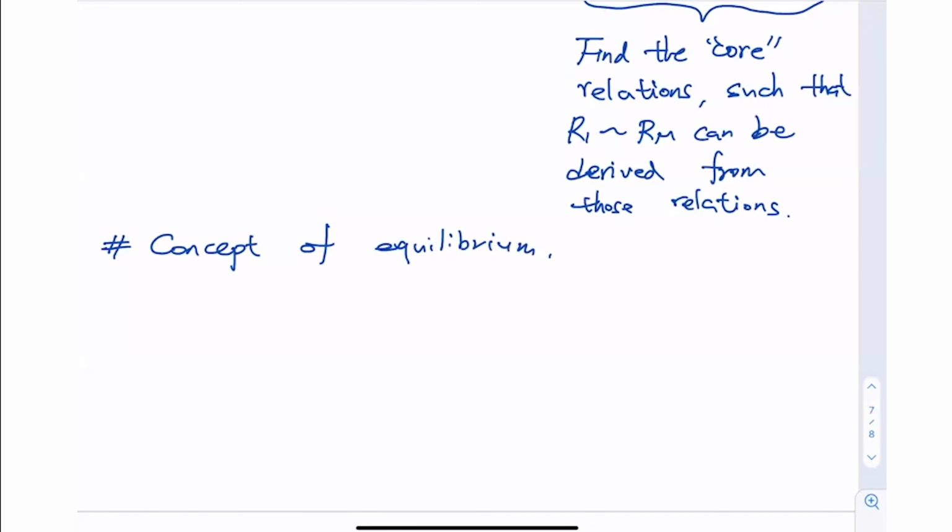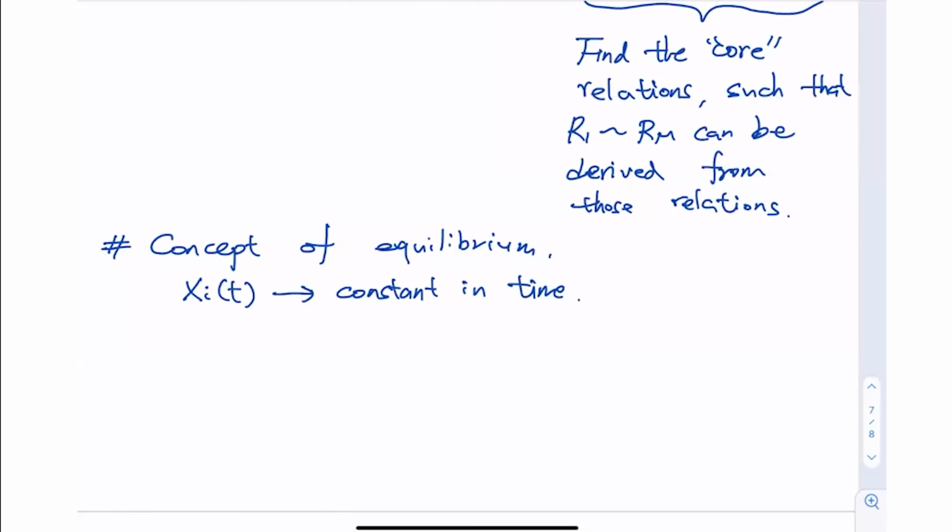So, very vaguely, when we say something is in equilibrium, what we mean is that the thermodynamic variables, which in principle should be a function of time, will become constant in time when you wait long enough. And once that situation happens, we say the system is in equilibrium.